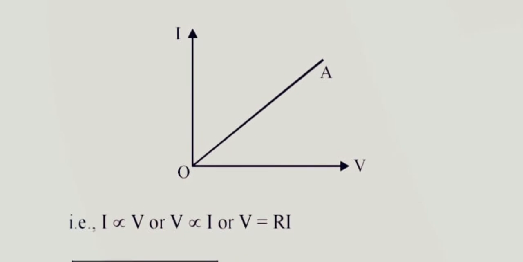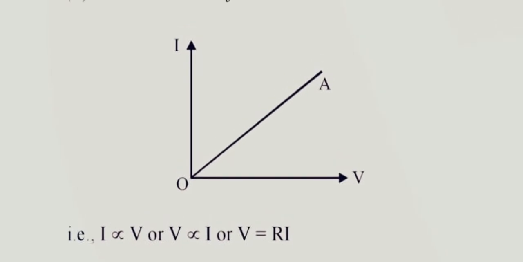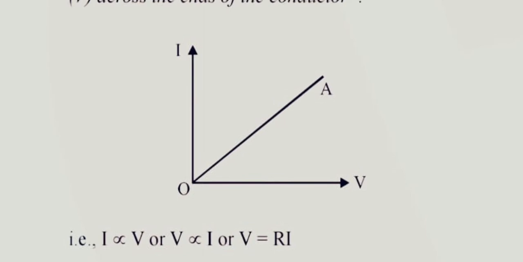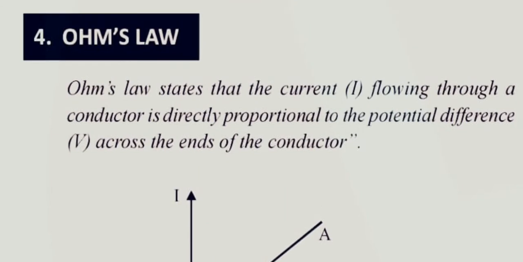Current is directly proportional to voltage. Then V is equal to IR, meaning voltage is directly proportional to resistance and current. So this is the relationship between V, I, R according to Ohm's law.